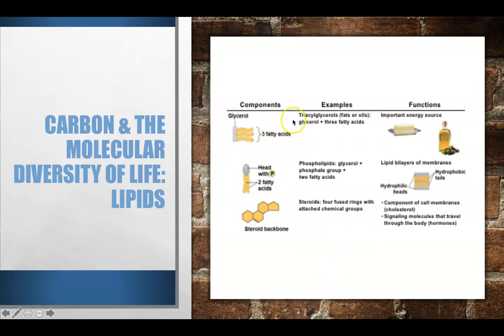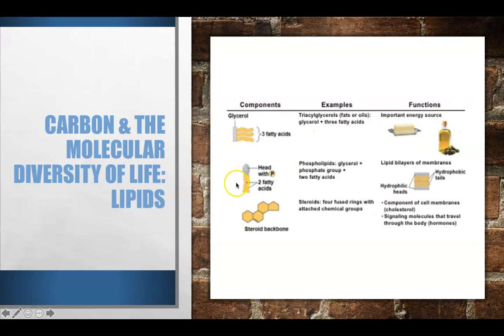If you have a triglyceride, which we commonly call fats and oils, you're going to have a glycerol, that alcohol backbone, and 3 fatty acid chains, also called triacylglycerols. So this is a triglyceride, tri for the 3 fatty acids, and the glyceride for the glycerol. These are important fats and oils, okay? This is our main source of long-term energy storage.